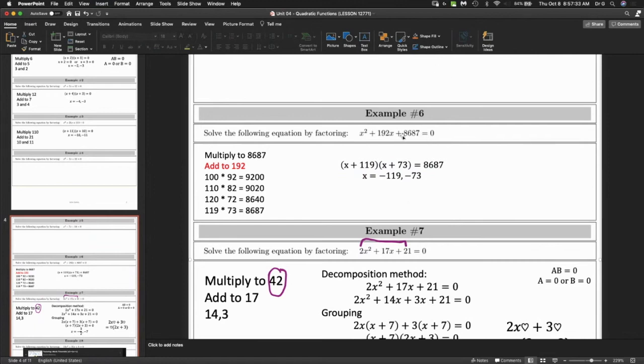If you wanted me to tell you all the factors of 8687, I'm too lazy. Writing them all down by hand would probably take me like 20 minutes without a calculator. Too much pain. So hopefully that entertained you a little bit.